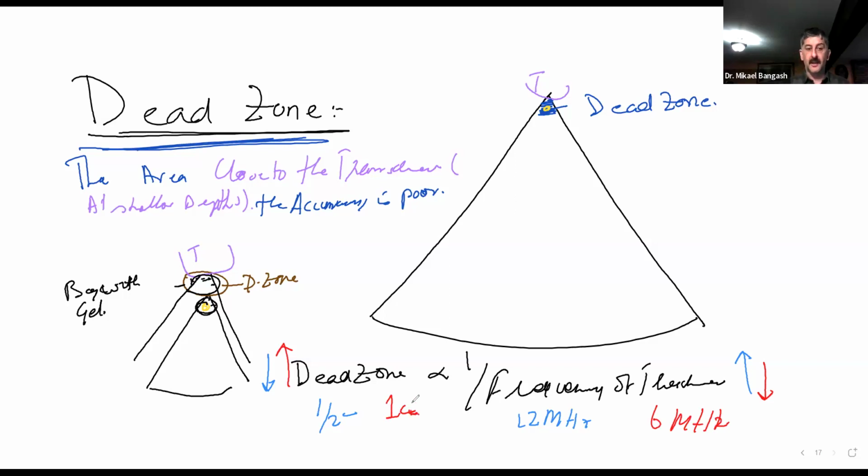That's just an example. It means that if you use a high frequency transducer, you're going to have a shallow dead zone, or the dead zone is going to be smaller.